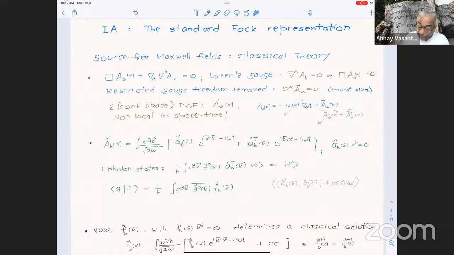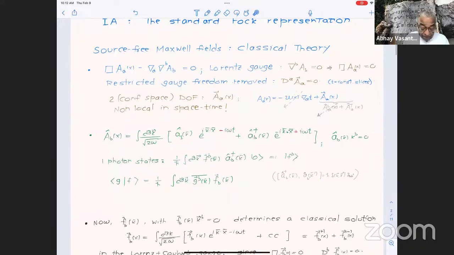Now, as everybody knows, we can decompose this vector potential into creation and annihilation operators. The negative frequency part corresponds to the creation operator, and the positive frequency part to the annihilation operator. This really is an operator-valued distribution, so one has to smear it with respect to test functions.